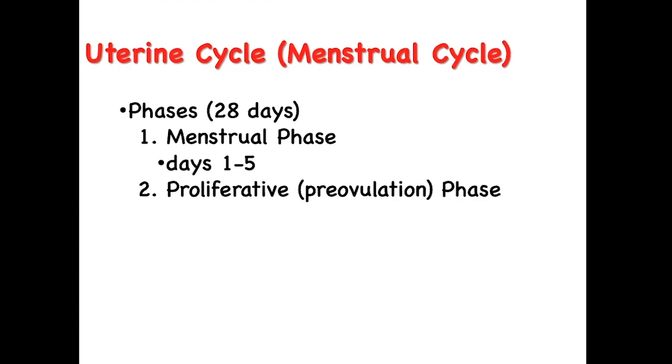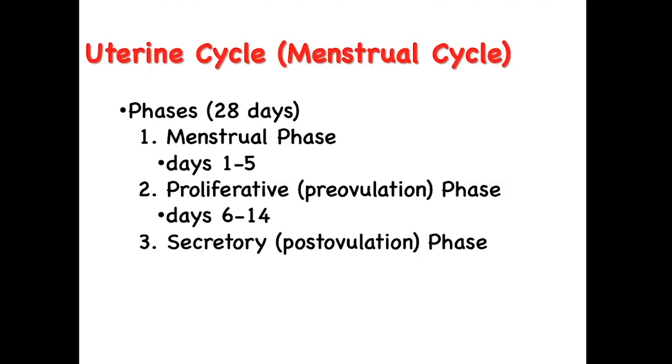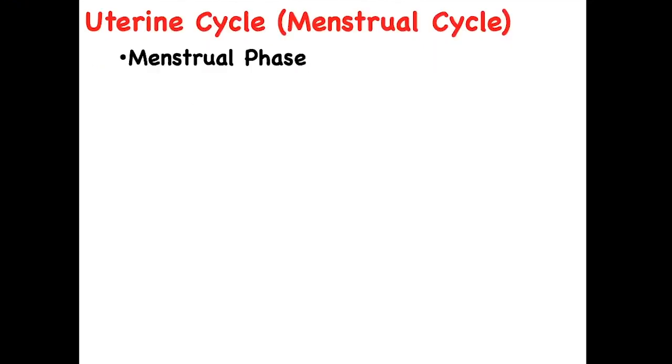The second phase is the proliferative phase, which occurs prior to ovulation, days 6 through 14. Recall that ovulation occurs on day 14 of the ovarian cycle. Following ovulation, the proliferative phase moves into the secretory phase. This will occur between days 15 through 28.